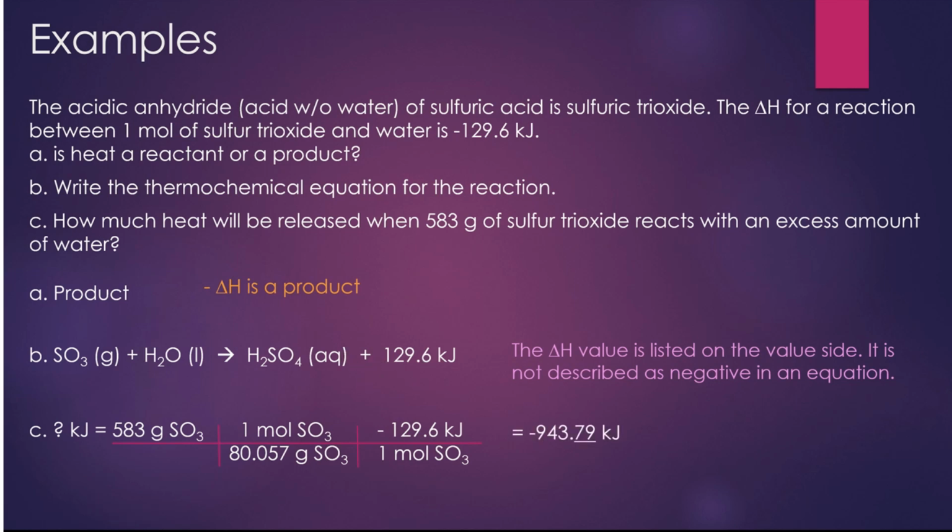I crunch the numbers then. 583 grams of sulfur trioxide is going to yield so many moles, and so many moles will yield so much energy. With proper significant digits, I should expect negative 944 kilojoules of energy would be released from this reaction if I started with 583 grams of sulfur trioxide.